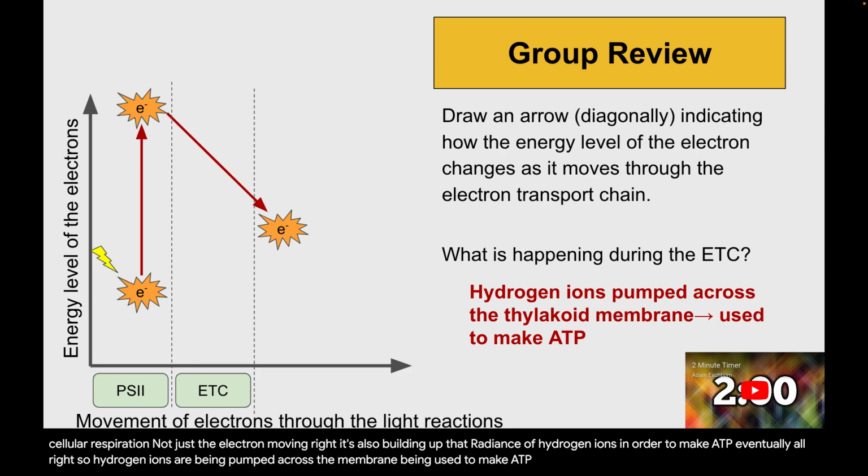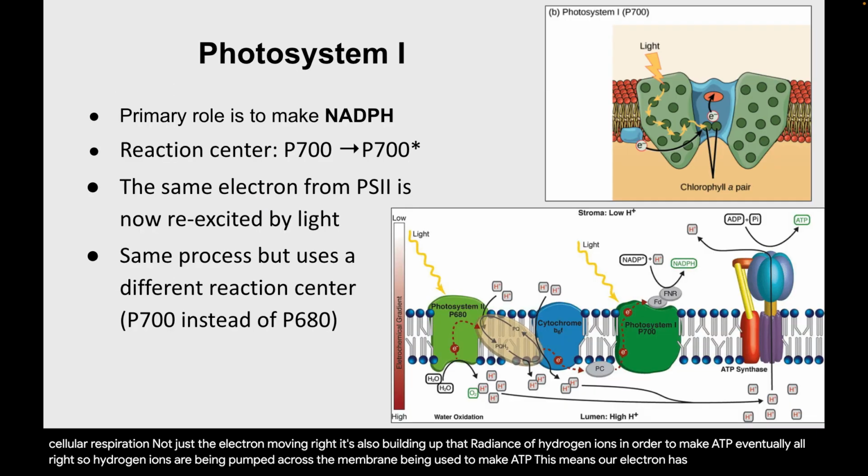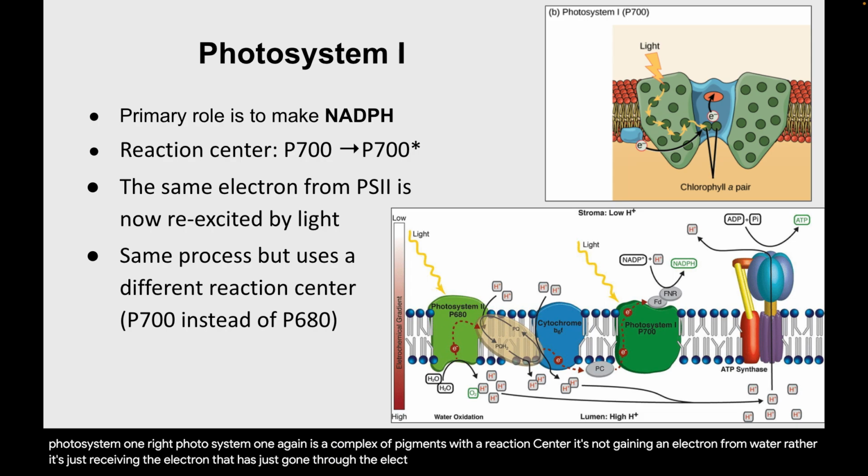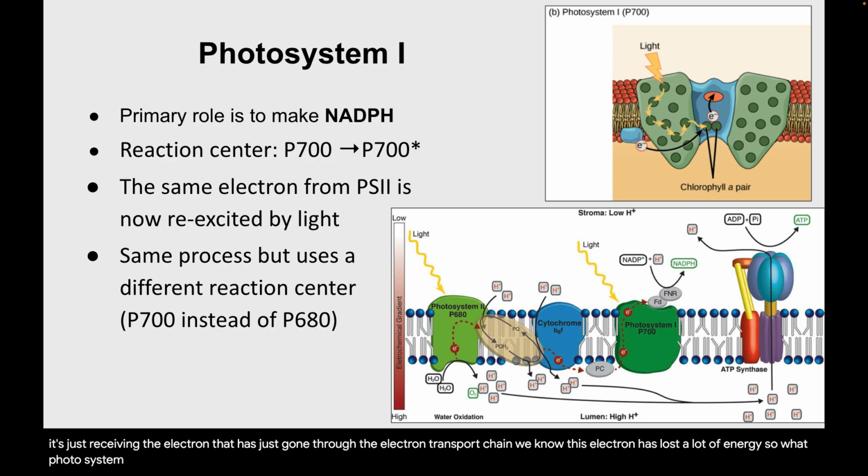All right. This means our electron has now reached photosystem 1. Photosystem 1, again, is a complex of pigments with a reaction center. It's not gaining an electron from water. Rather, it's just receiving the electron that has just gone through the electron transport chain. We know this electron has lost a lot of energy. So what photosystem 1 does is it re-excites the electron.